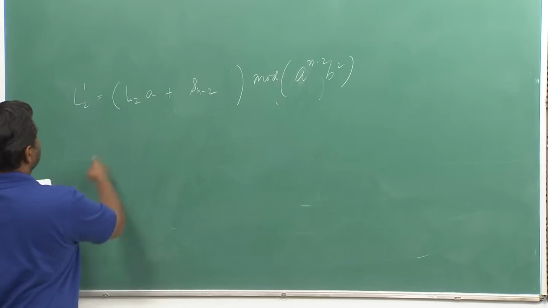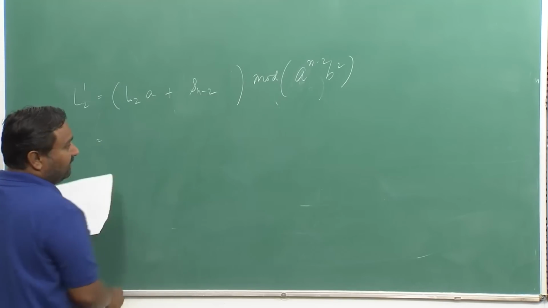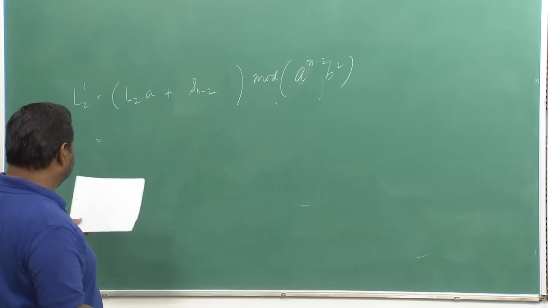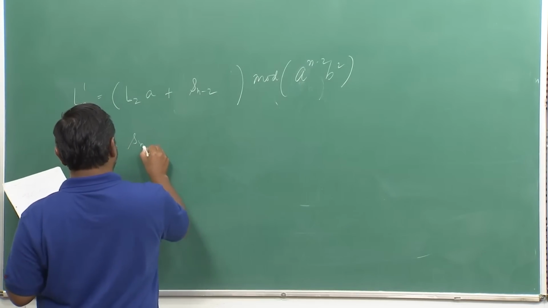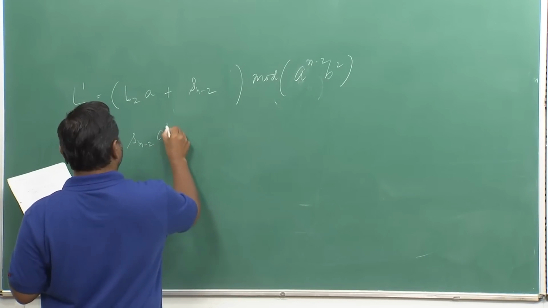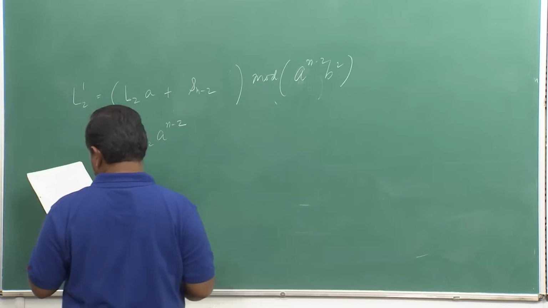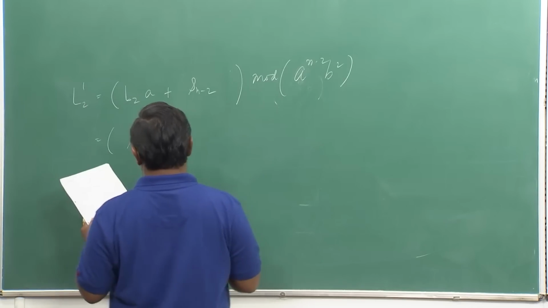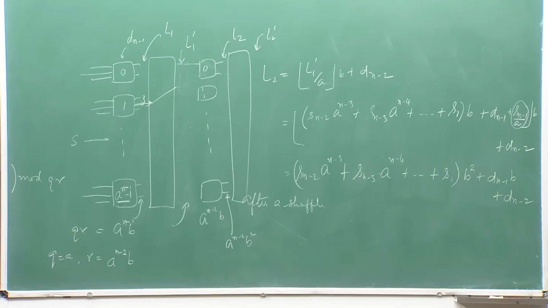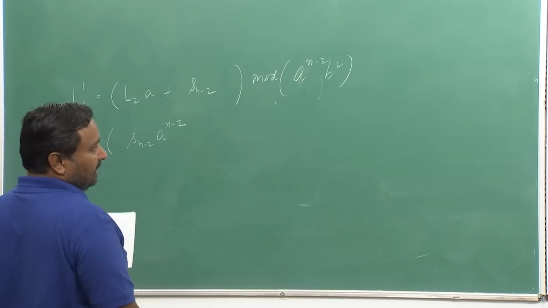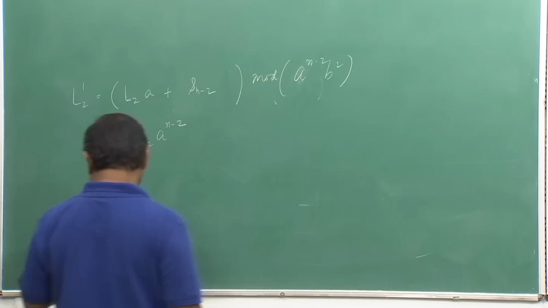So, I need to expand this one for L2 prime. So, again I will put L2 from there into L2A. So, this will be Sn minus 2 a raised power minus 2. So, remember it was Sn minus 2 a raised power n minus 3. So, I am multiplying by a, okay. And there is a b square term which will also come at the end.